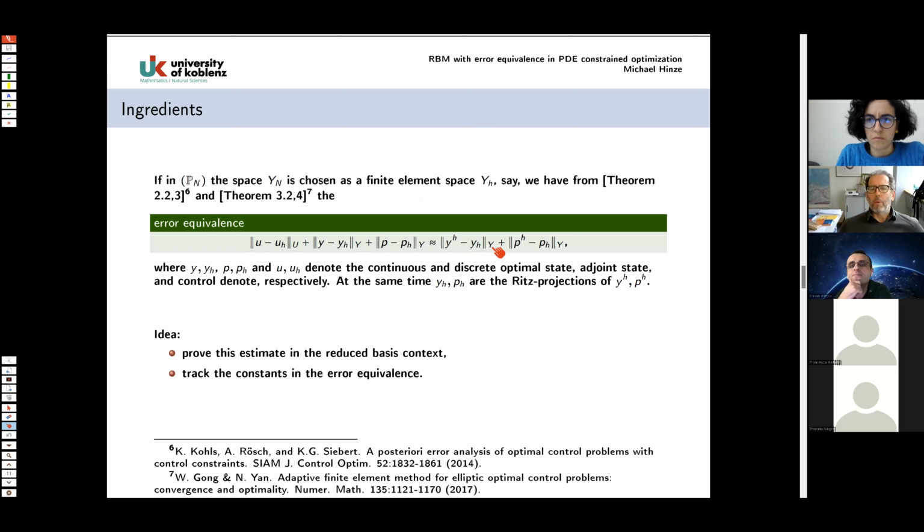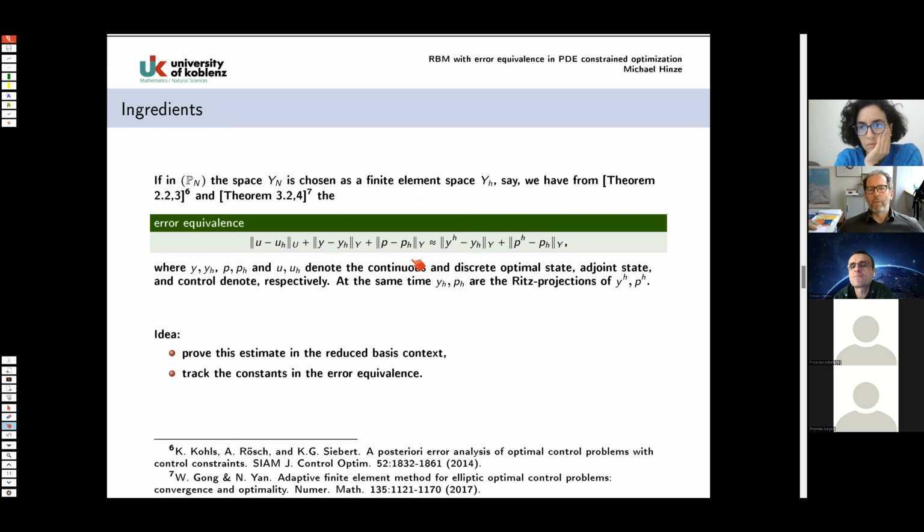Yeah, so what you see here is, this y to the h is now a continuous function, and the state I compute is its Ritz projection. What I know about the error of a function and its Ritz projection, I have error estimates for this. So this I can control in h, and this I can control in h, by the Ritz projection error.